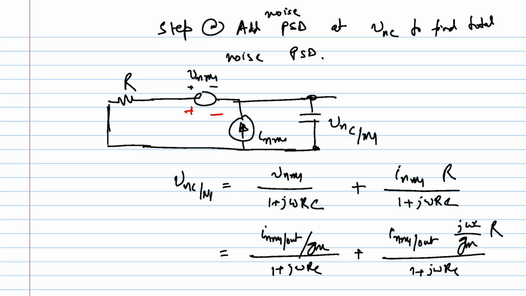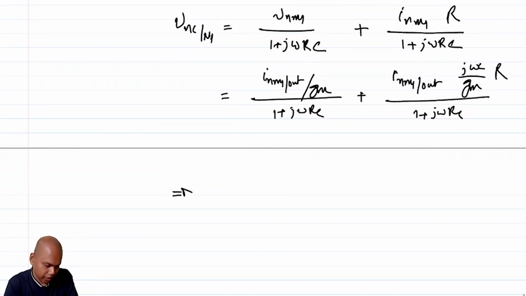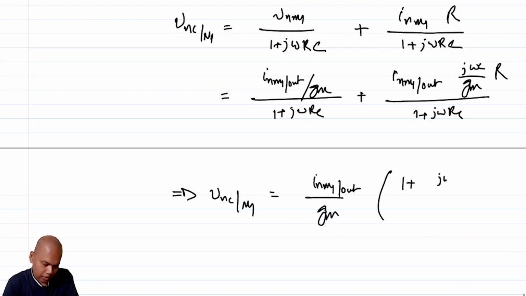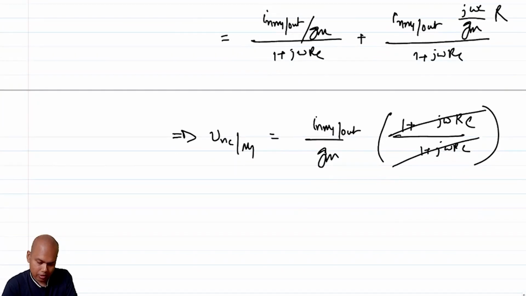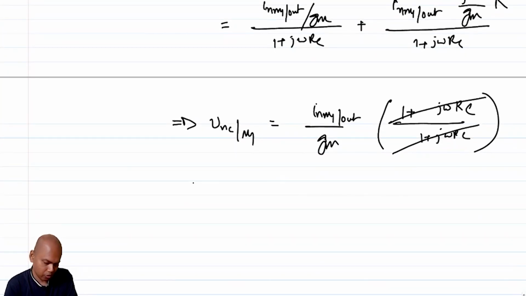So if I take out INM1 out over GM, I get VNCM1 equal to INM1 out over GM times 1 plus j omega RC by 1 plus j omega RC. Surprise, surprise, these two cancel. So I get essentially your VNCM1 equal to INM1 out over GM.